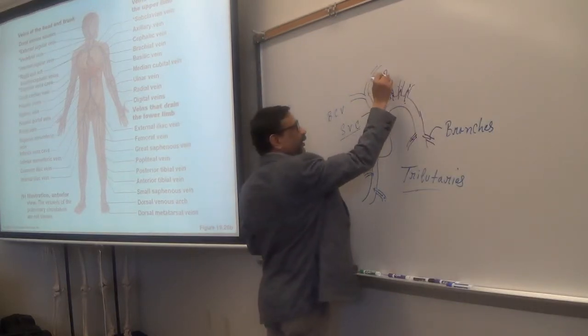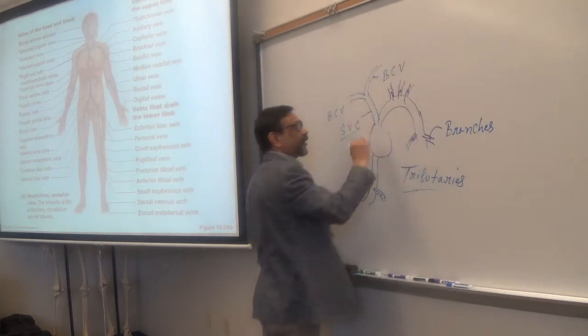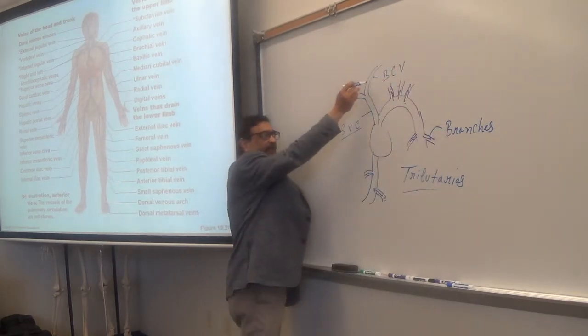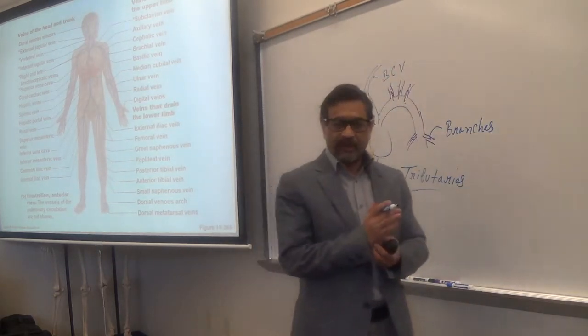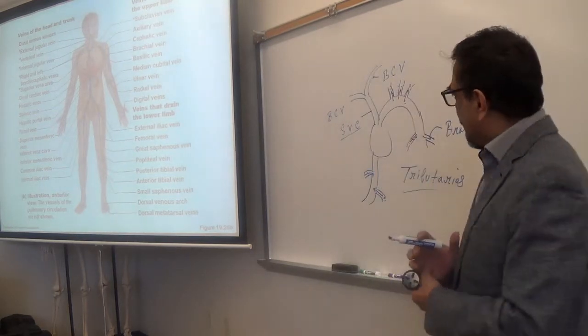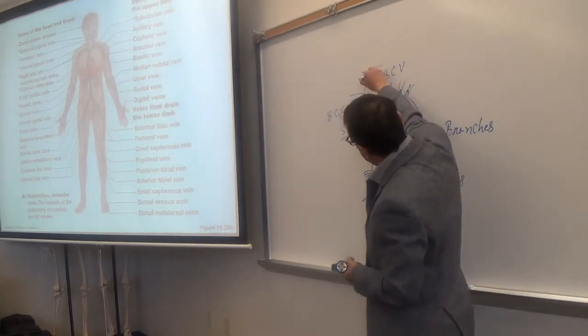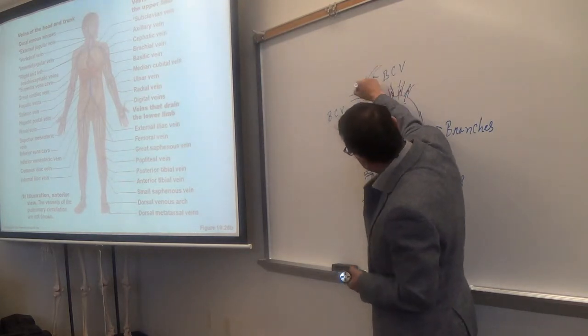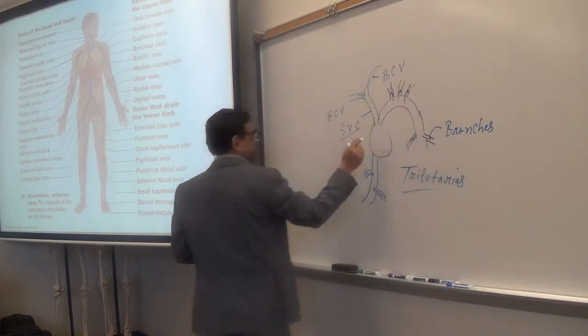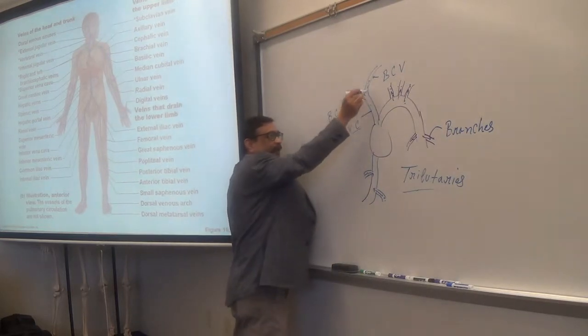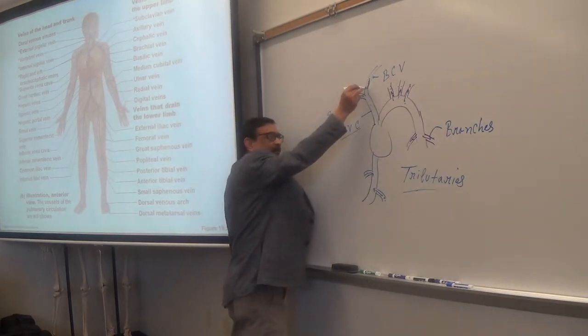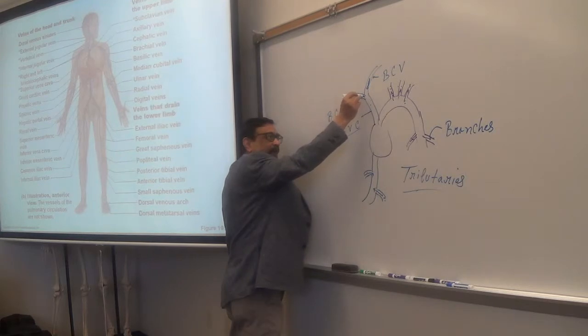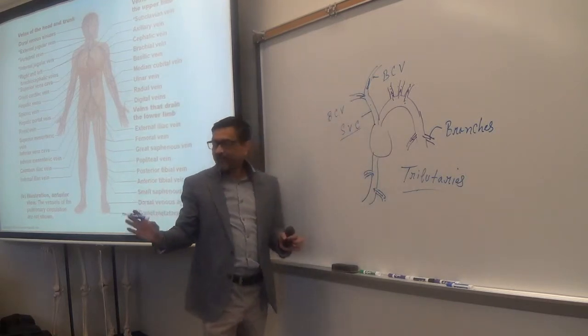This is also brachiocephalic vein. This is right brachiocephalic, this is left brachiocephalic. But always remember, blood goes in this direction, from smaller to the larger. So we can say that superior vena cava receives blood from right and left brachiocephalic veins. Make sense? Okay.